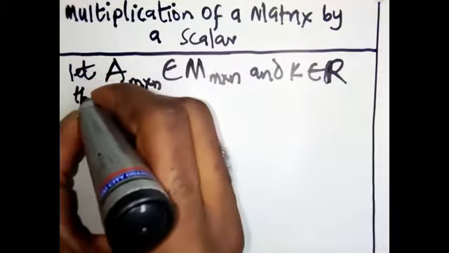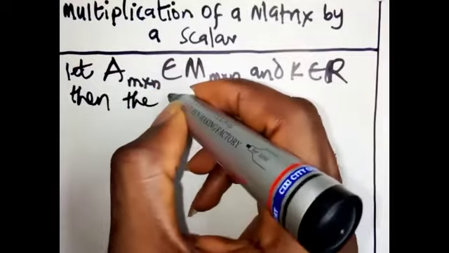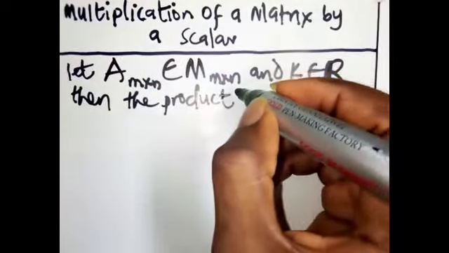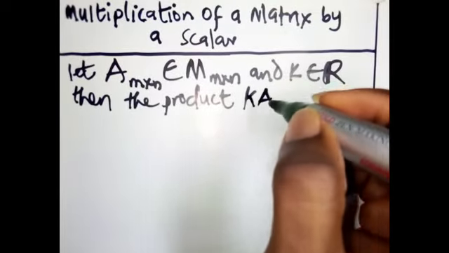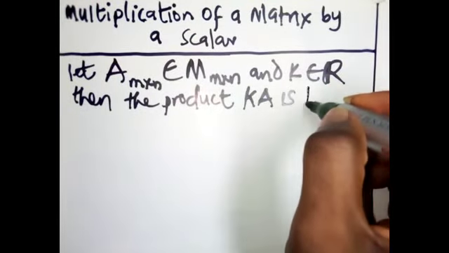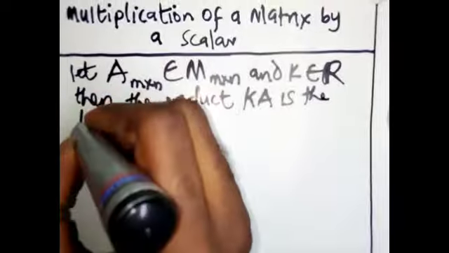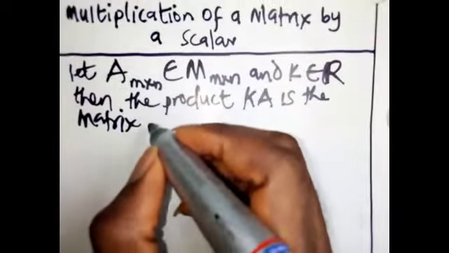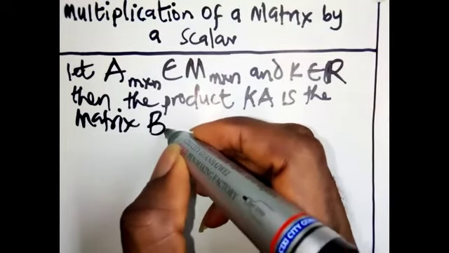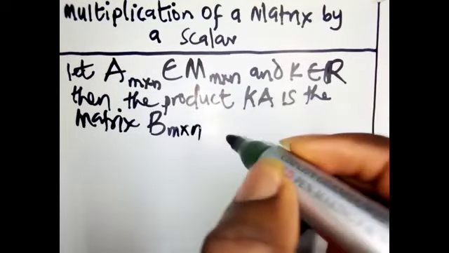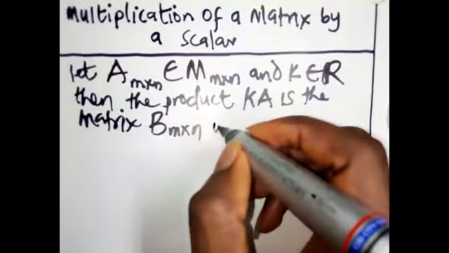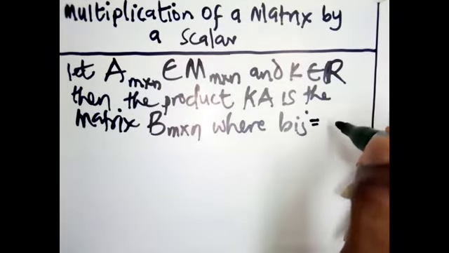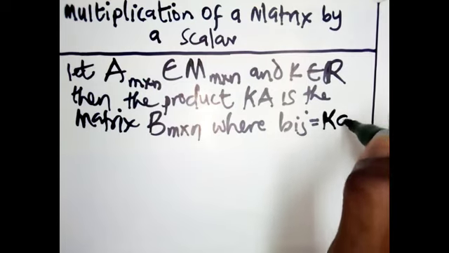Then the product KA is the matrix B of dimension m times n, where Bij equals K times Aij.